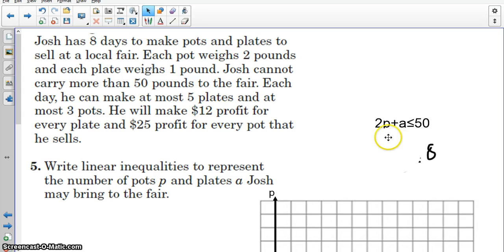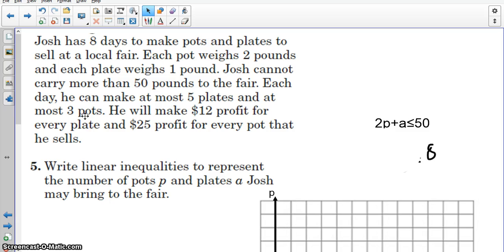So the amount of work he puts in, the amount of time that takes, has to be less than or equal to 8 days. He can make 5 plates per day and 3 pots per day. So the number of days it takes to make P pots is P over 3.